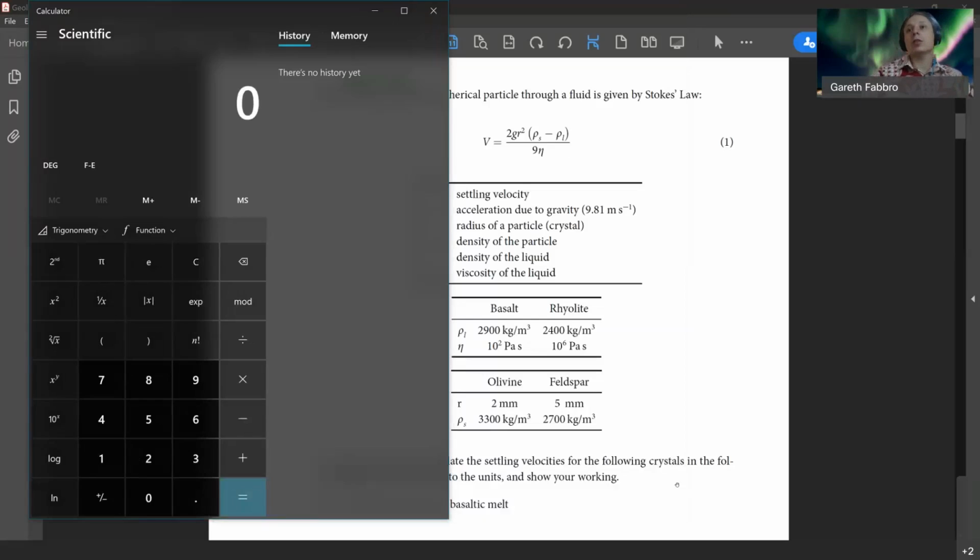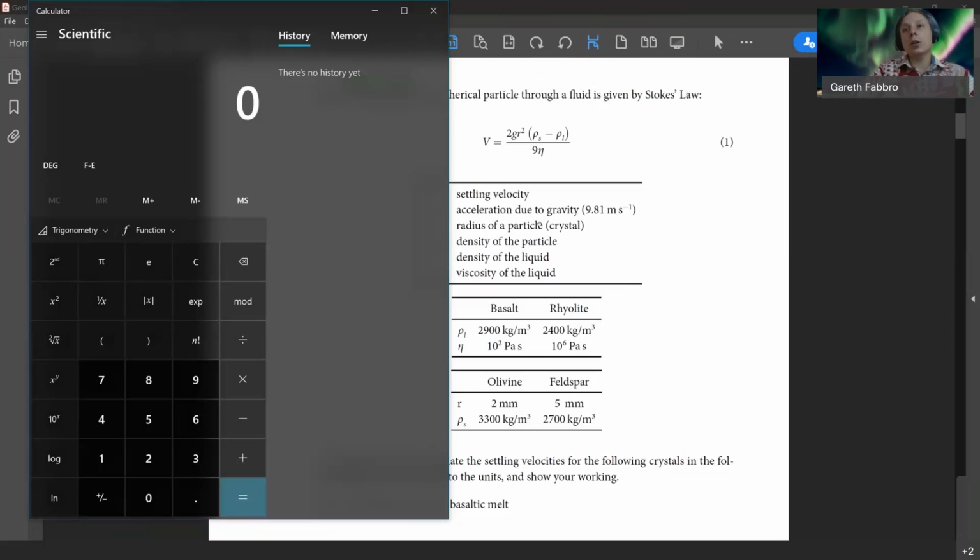If you show your working, and I can see, oh yeah, you understood what you're doing, but you maybe forgot the 2, or you forgot to square it, or you just slipped and pressed the wrong number on the calculator, you'll still get some marks. If you don't show your working, you just get a 0 if it's wrong.